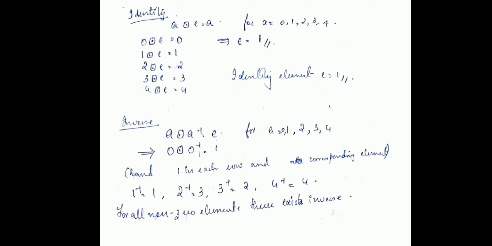So remember, for addition the identity element is 0, and for multiplication the identity element is 1. Next we can see the inverse property. According to the inverse property, A operated on A inverse should be E. That means 0 operated on 0 inverse should be 1, 1 operated on 1 inverse should be 1, 2 operated on 2 inverse should be 1, 3 operated on 3 inverse should be 1, and 4 operated on 4 inverse should be 1.